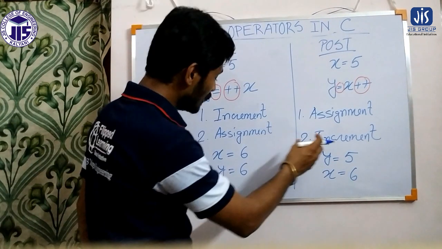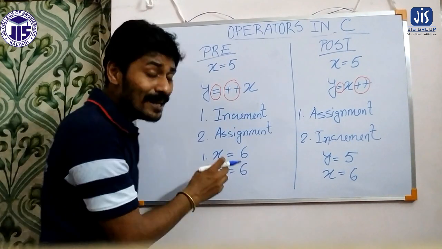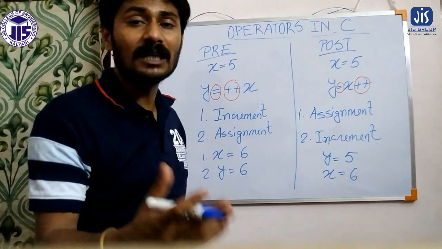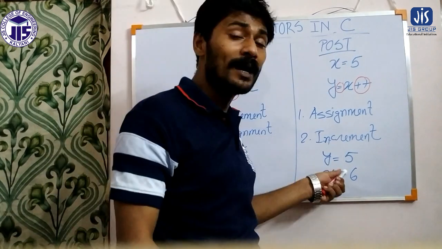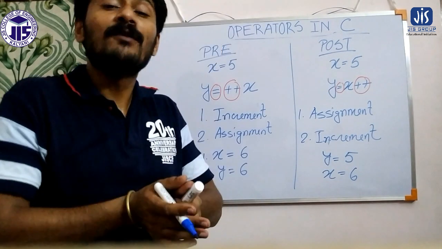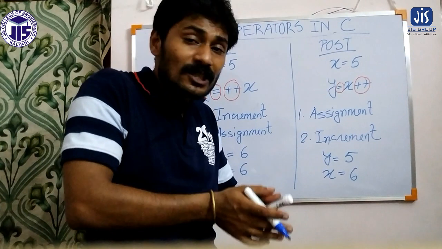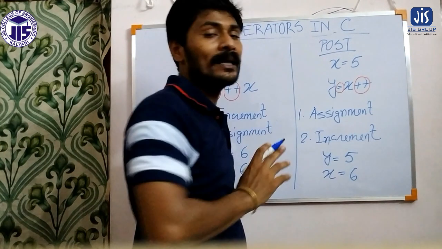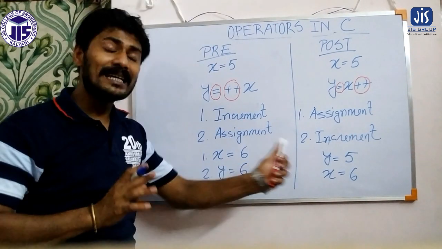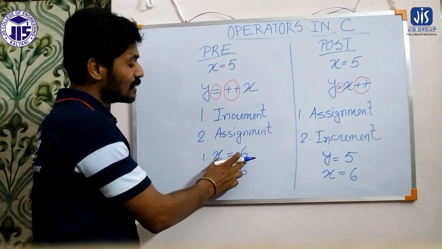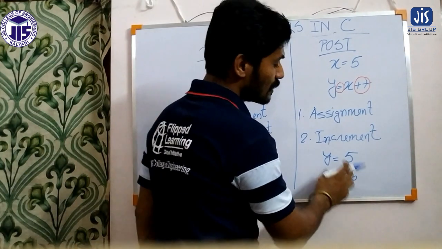So in pre-increment, y holds the updated or incremented value of x, but in post-increment y holds the previous or the first value of x. But in both the cases increment is done. Here you can see the value of x is 6, here also the value of x is 6.